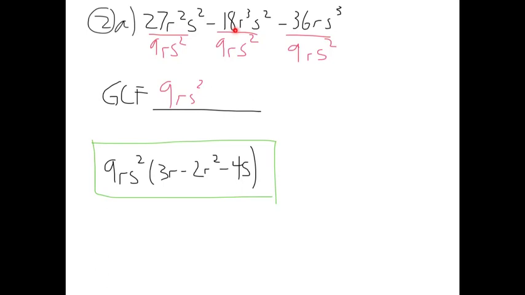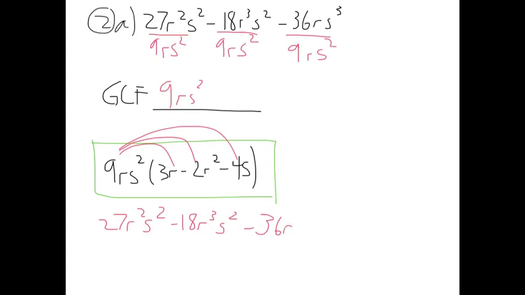So just doing distributive property here, we multiply that 9rs squared into each of those terms, giving us 27, and then r times r is r squared, and then s squared by himself, minus 9 times 2 is 18, r times r squared is r cubed, and then s squared, and then minus 9 times 4 is 36, and r times, there's no r there, so just r, s squared times s is s cubed.